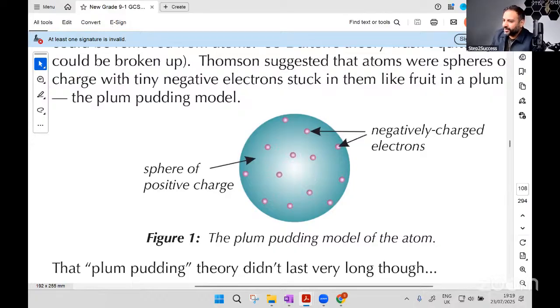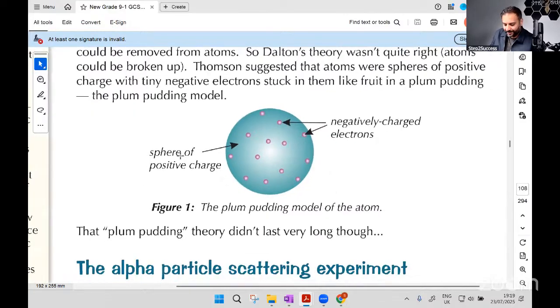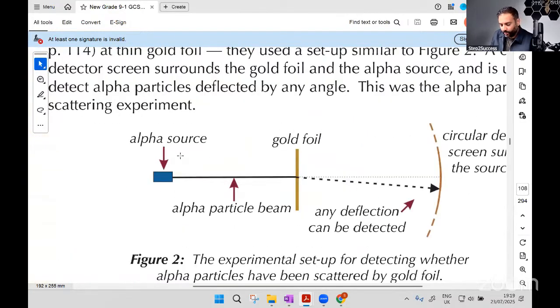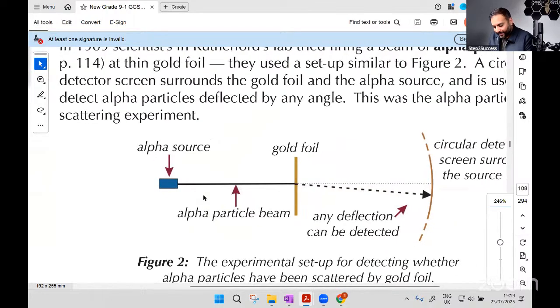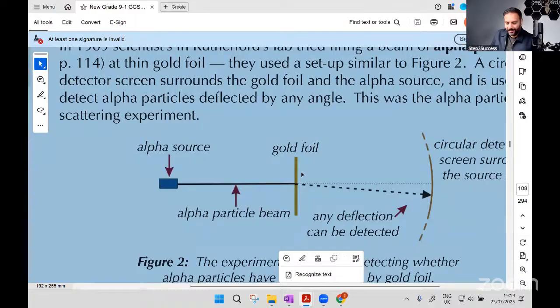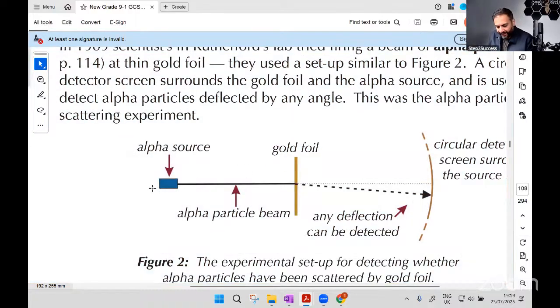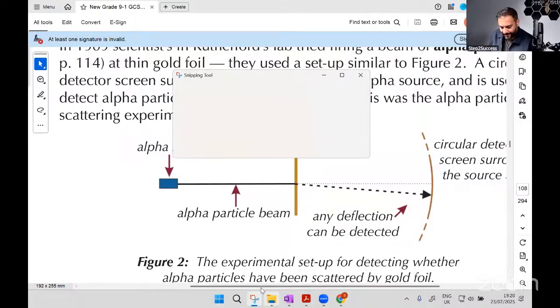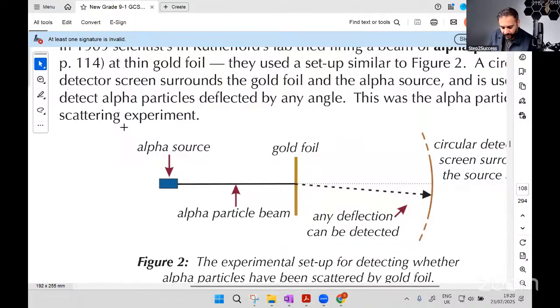That's essentially what this question is. So what this guy did was he got a sheet of gold foil, as you can see here. Gold is an element on the periodic table, which means that it's made of atoms. That's what these things are. And what he did was he fired these positively charged particles at this gold foil, really thin foil.